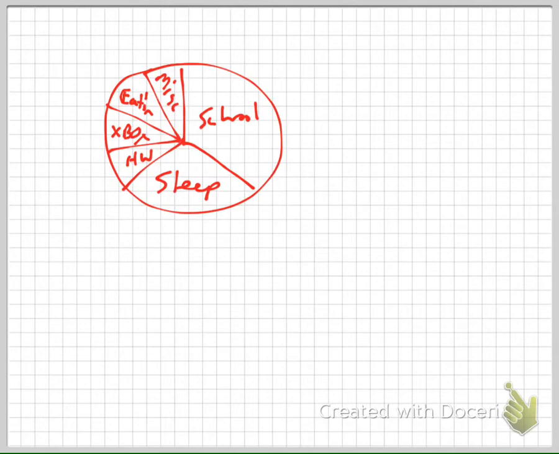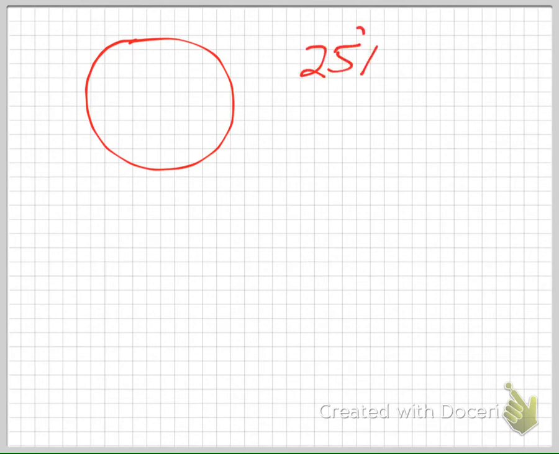Okay, awesome. If I was to ask you to be accurate in drawing a pie graph, here's the deal. Let's just do this practically before we actually get into it. If I said that 25% of the time you are sleeping, or last night you slept 25%, how would you do that up here?